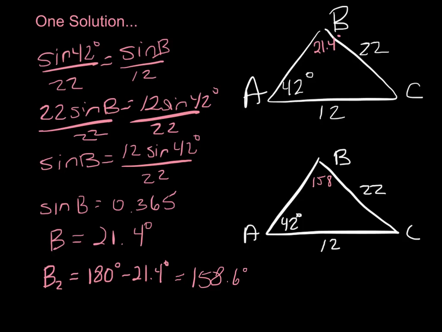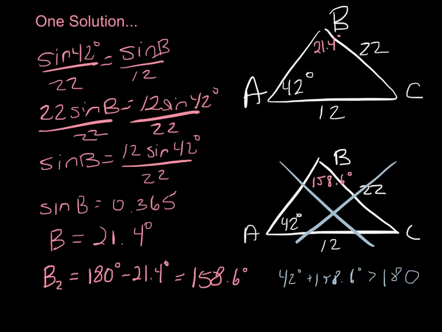So this would be 158.6 degrees, except if you look at the given angle, we've got 158.6 and we were given 42 degrees. The sum of those two angles, that is 42 plus 158.6, is greater than 180, which is not good because we know that the sum of the measures of the angles of a triangle must be equal to 180. So this triangle does not exist, meaning that we have only one solution.